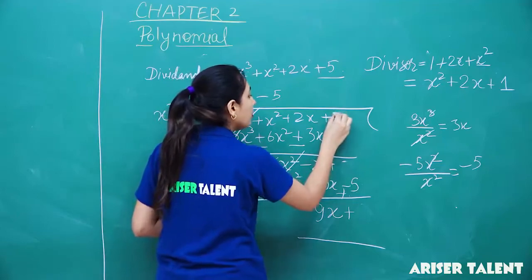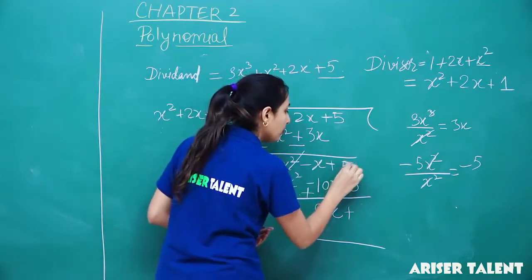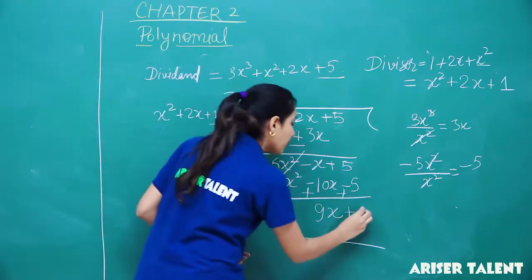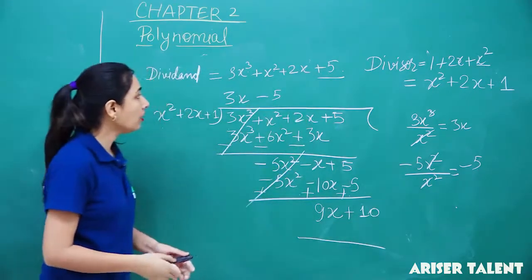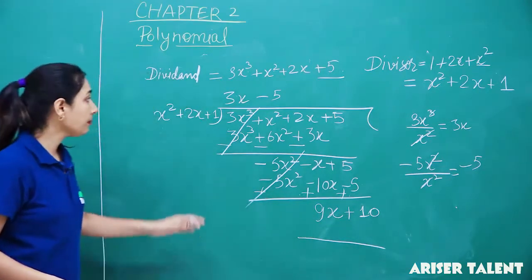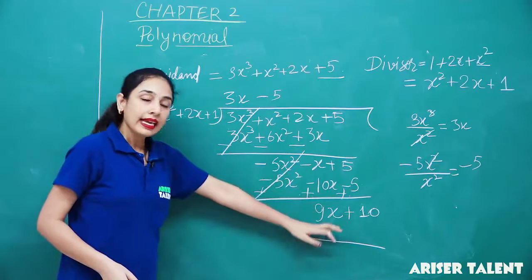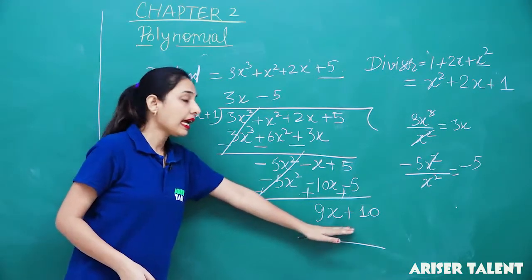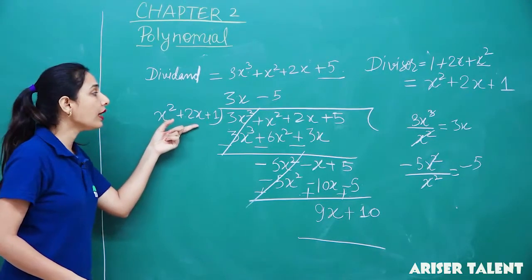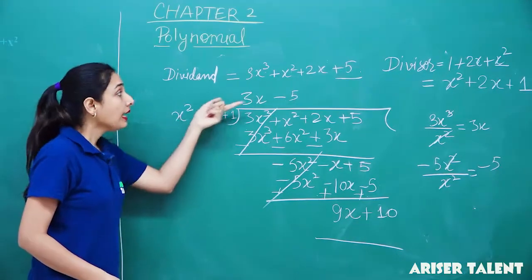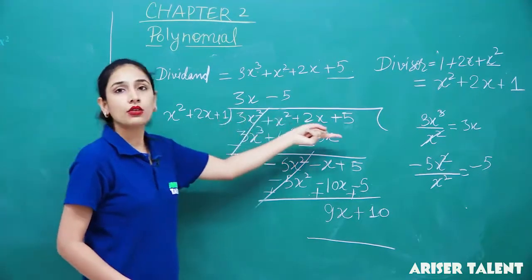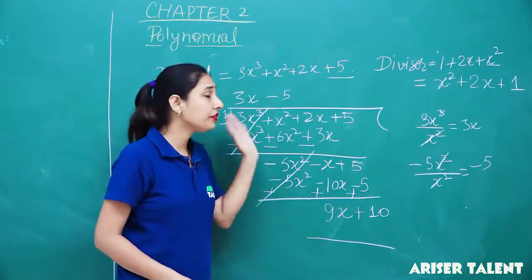We will be having 5 here, so there will be 5 also, and it will be plus 5 plus 5, that will be equal to 10. So now this 9x plus 10 is your remainder, and x square plus 2x plus 1 is your divisor. 3x minus 5 is your quotient, and this you know it very well, it's your dividend.